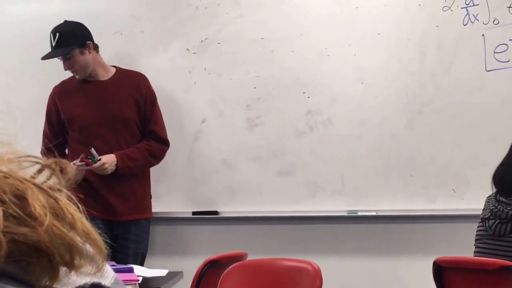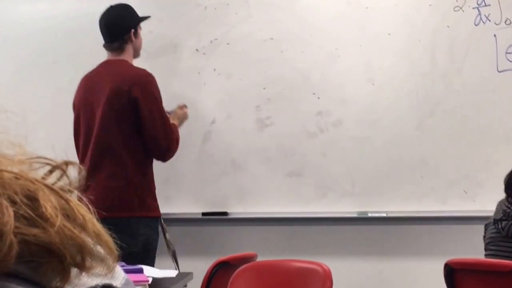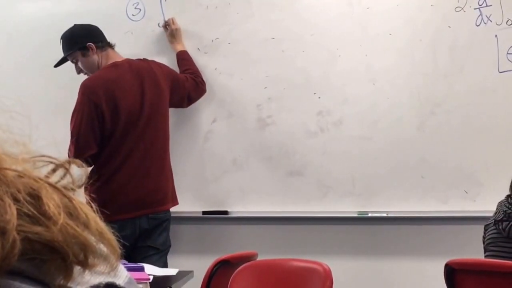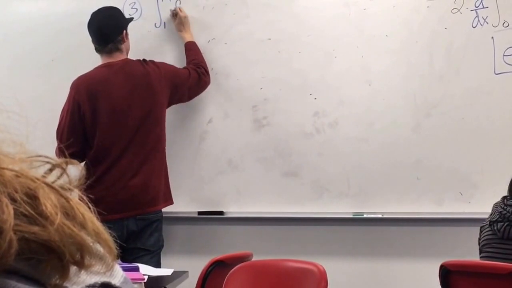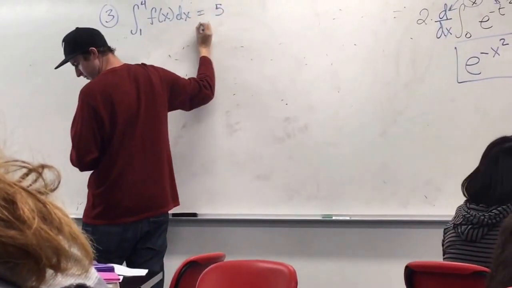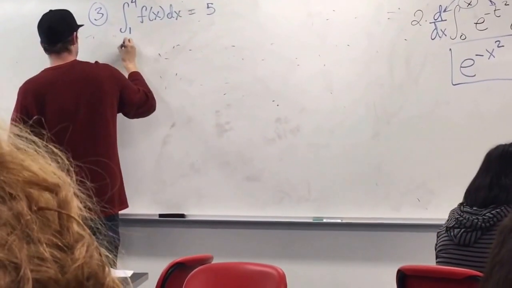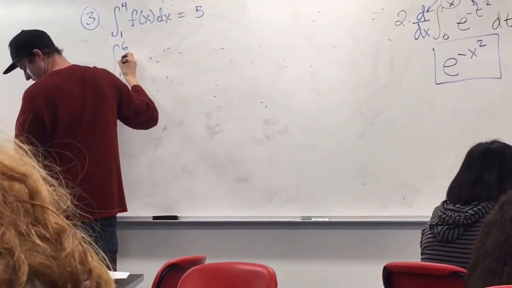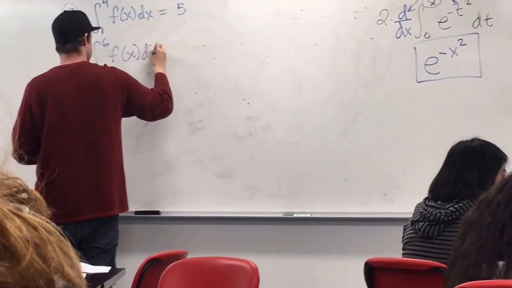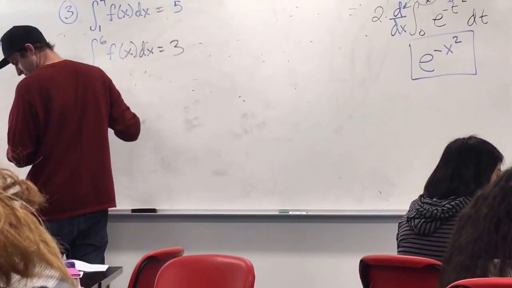All right, number 3 in this case was the question: we have the integral from 1 to 4 of f of x dx equals 5. The integral from 1 to 6 of f of x dx equals negative 3.